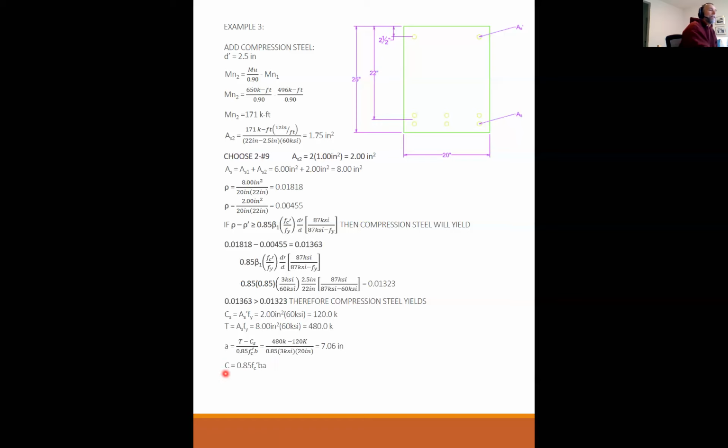Big C then is 0.85 f'c b times a. Plugging in my 7.06, I get 360 kips. And I better, because the compression steel plus the concrete in compression should add up to the tension. All of your forces need to add up to 0. And they do: 120 plus 360 is 480.